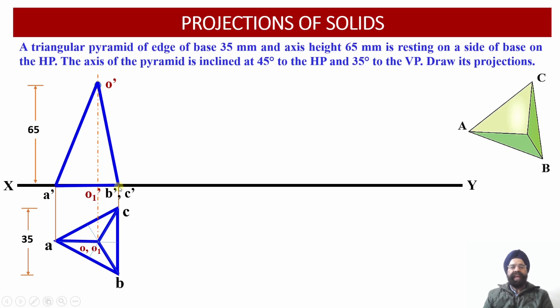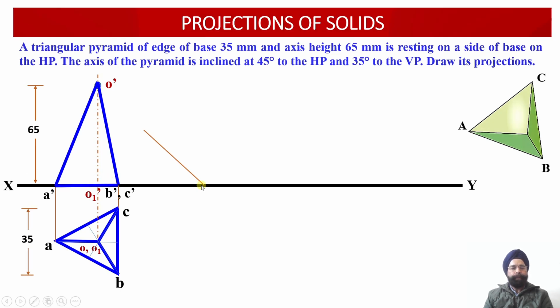So we have to rotate this front view projection in such a way that we orient the base at an angle of 45 degree. This angle of inclination of the base with respect to the horizontal plane is 45 degree.